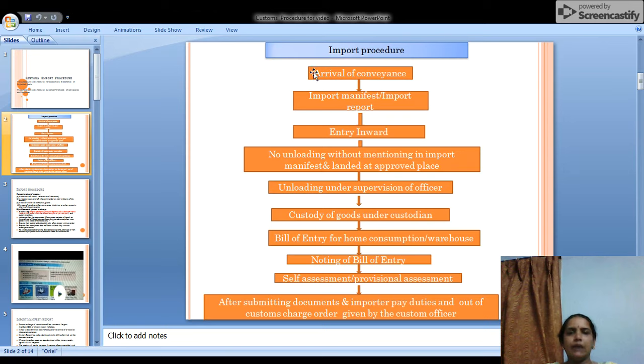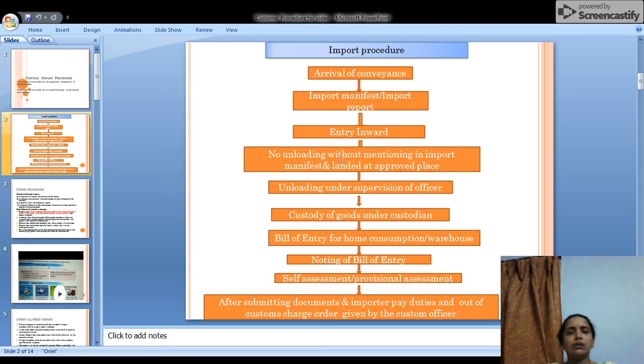First, arrival of conveyance. After arrival of the conveyance, the import manifest or import report should be submitted by the person in charge of the conveyance. After submitting, grant of entry inwards will be given by the customs officer. After granting, there is no unloading without mentioning it in the import manifest, and goods must be landed at the approved place only.